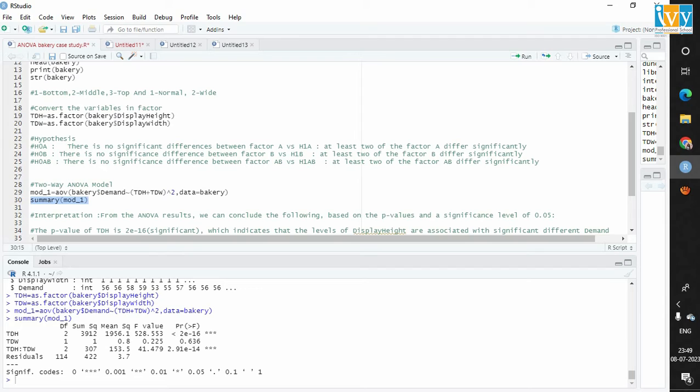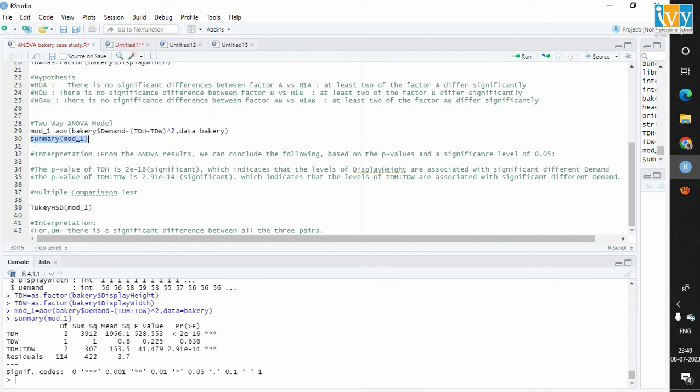Now, to further explore these differences, we can conduct multiple comparison tests. In this case, we'll be using Tukey's honestly significant difference test. But there are other comparison tests like LSD and Duncan's test that can be used as well. So we will run the test.